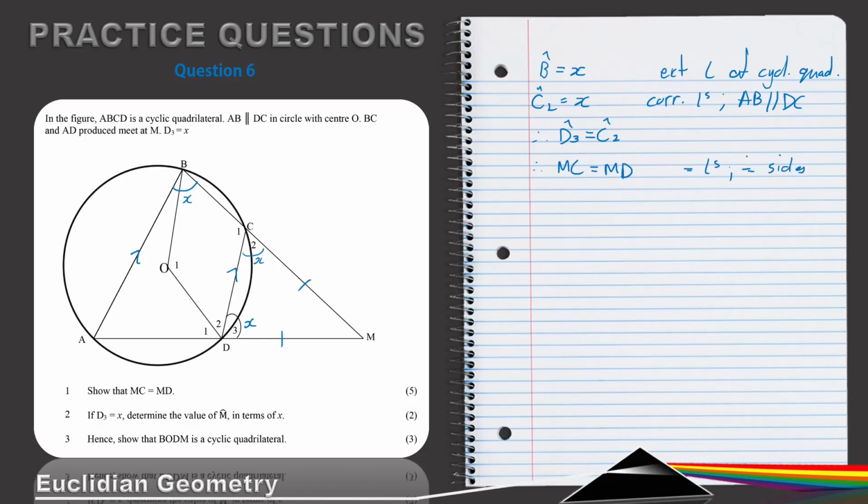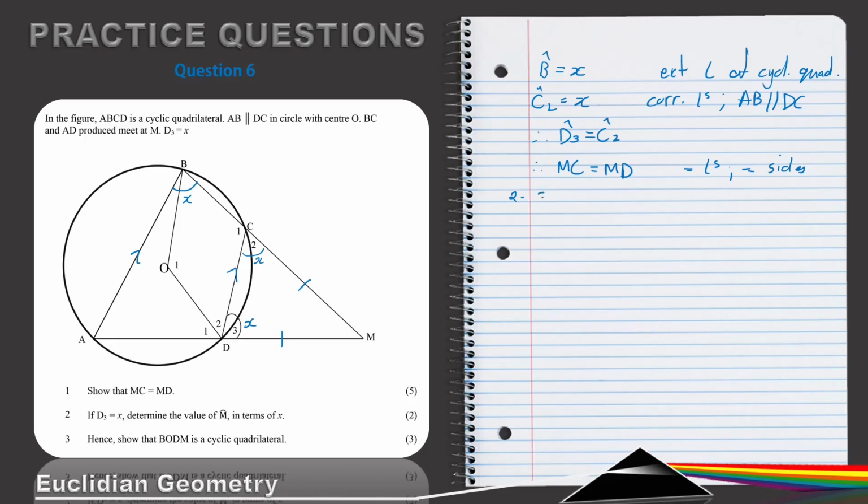So notice that I have now shown that the sides are equal because the angles are equal. So the reason will be, I'm first stating, because of equal angles we end up with equal sides. Right, so for number 2, if D3 is x, determine the value of M in terms of x. So this is quite easy because we've got the other two angles in terms of x, and we know that angles of a triangle add up to 180.